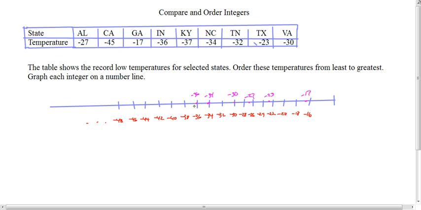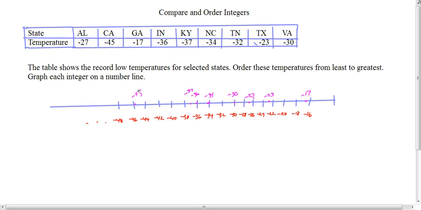I see a -37. And it looks like a -45, and let's call it a -45.